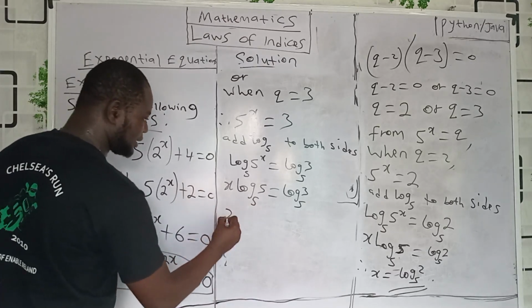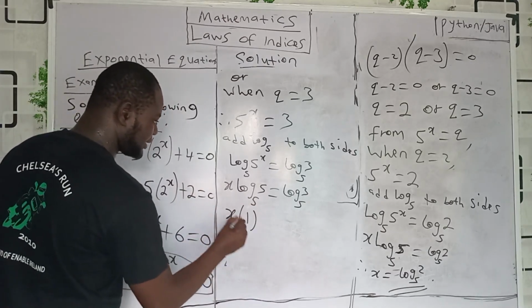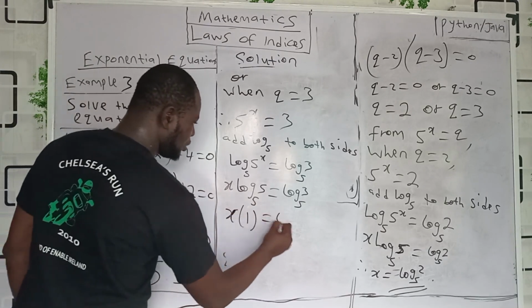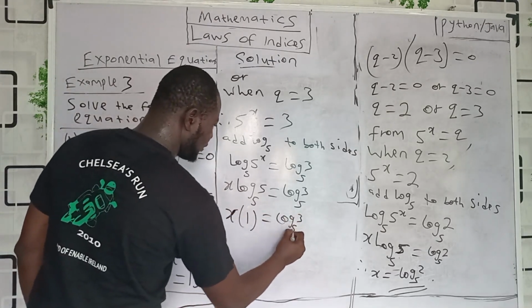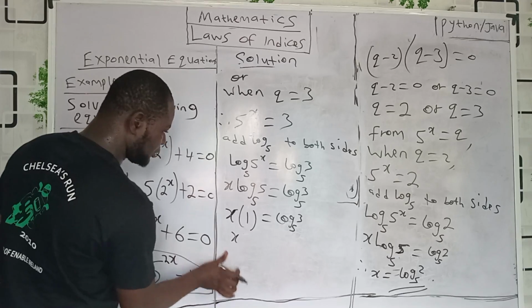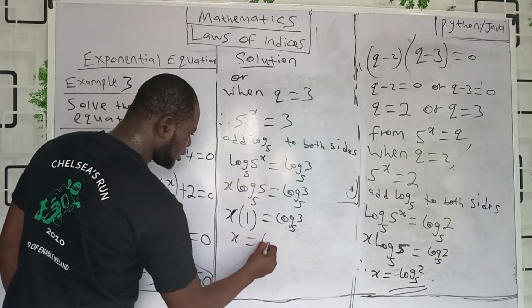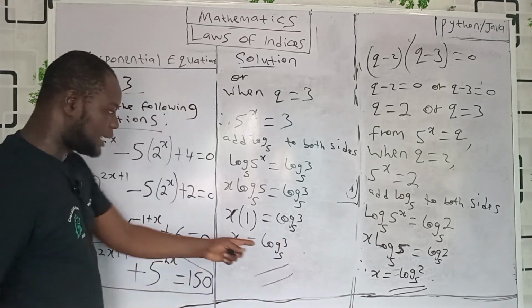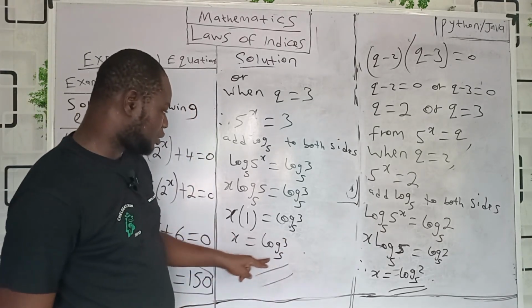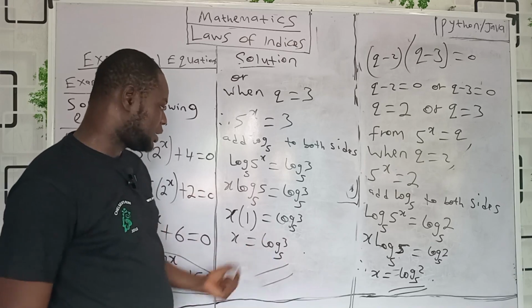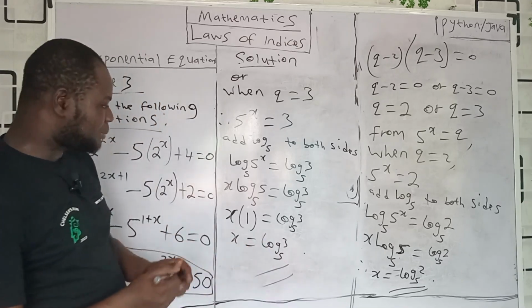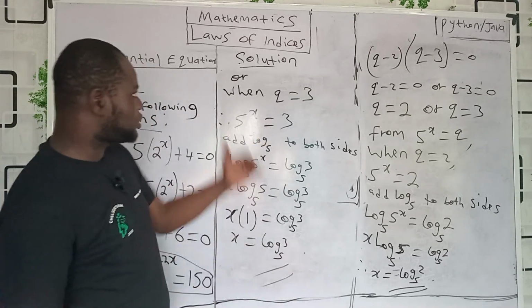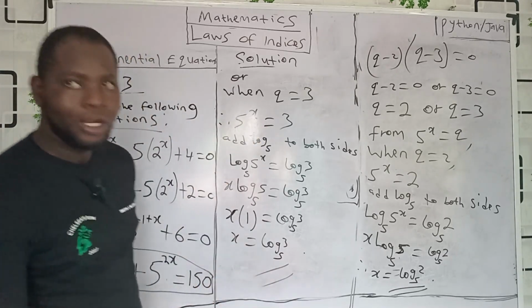So that is x times 1, equal to log 3 base 5. So x is equal to log 3 base 5. We can leave it like that. We can also say that this is going to be log 3 all over log 5, that is log 3 base 10 divided by log 5. We can still simplify for that, but at least once you get here, you have done well.